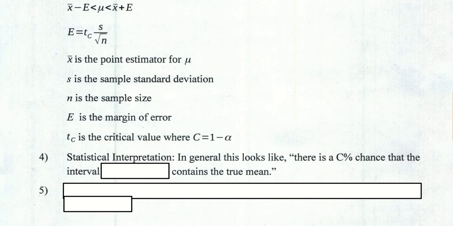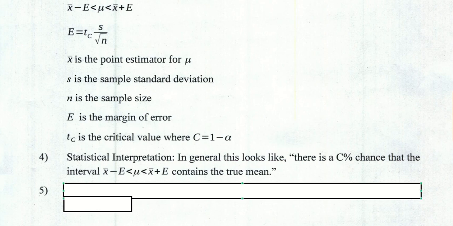So the statistical interpretation, we say something along the lines that there is a C% chance that the interval, we show it exactly the way we did before, that point statistic x bar, and it is being added and subtracted to with E. So we're subtracting E to get the left endpoint, and we're adding E to get the right endpoint, and that is containing or capturing or is the endpoints for an interval that contains that population mean mu.